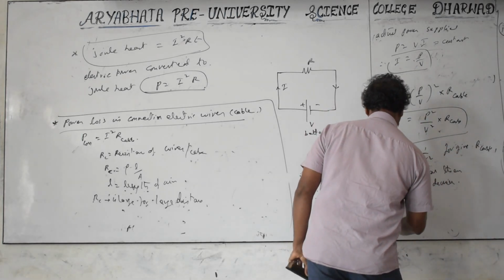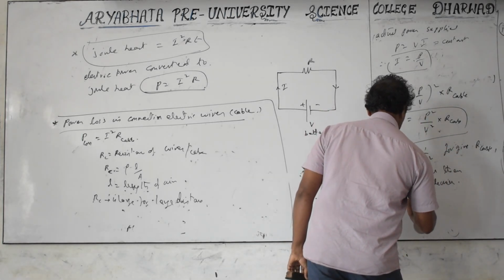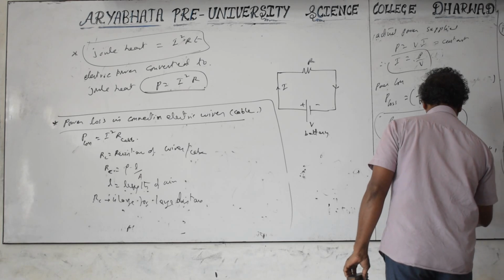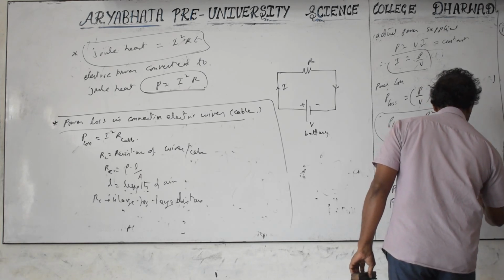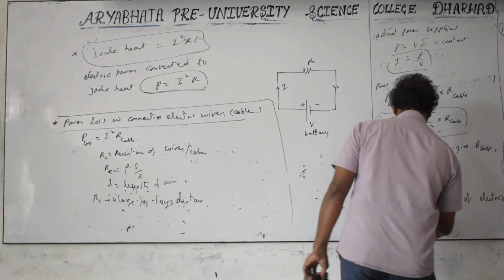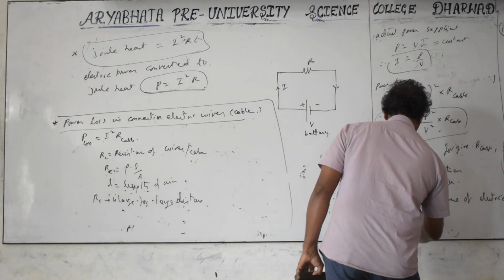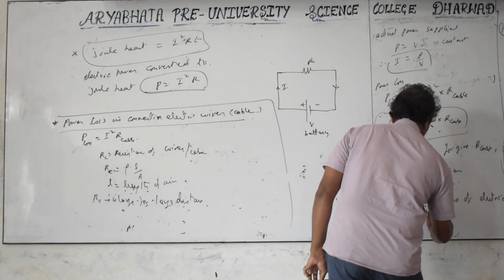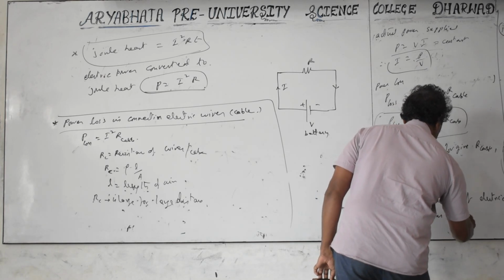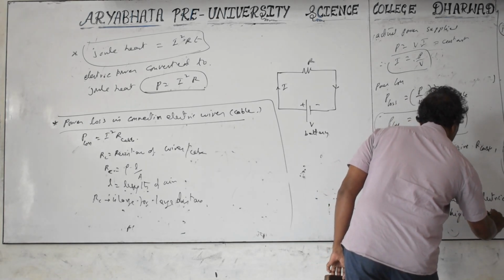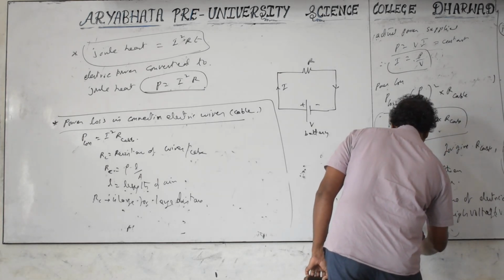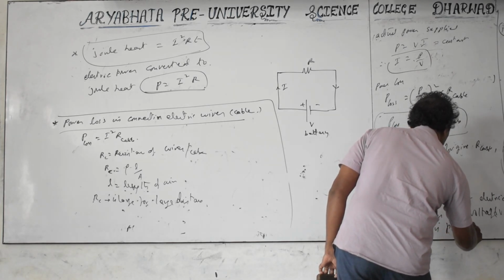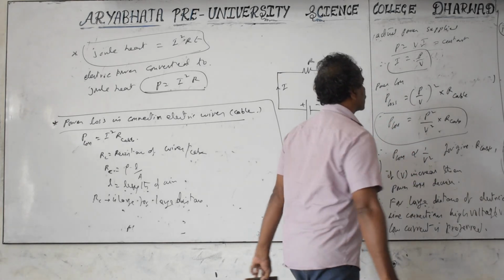Therefore, for large distances of electric wire connections, high voltage and low current is preferred. This point is important.